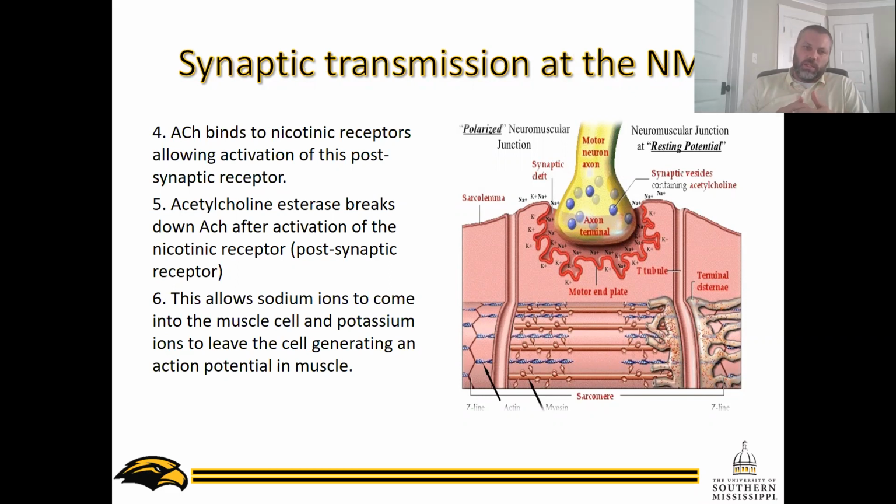This acetylcholine gets recycled or gets broken down by acetylcholinesterase after it's had its attachment and binding with that receptor on the other side. So what that binding of the receptor on the other side does is this allows sodium into the muscle and potassium to leave. And what that flow does is trigger a second action potential. So a lot of times we learn that there's just the one action potential coming down from the nervous system.